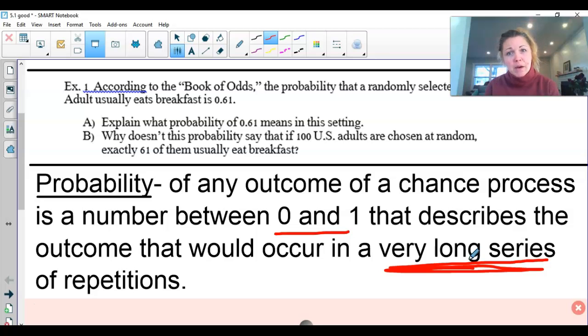Let's apply this right now. What I want to do with this slide is make sure that you can interpret what a probability means and then talk about variation in statistics, okay? Part 8 says explain what probability of 0.61 means in this setting.